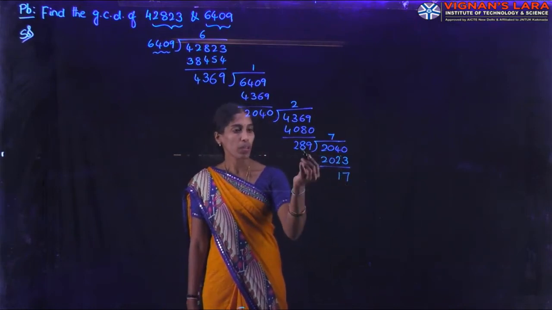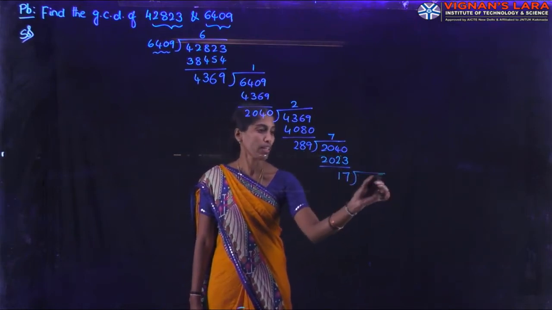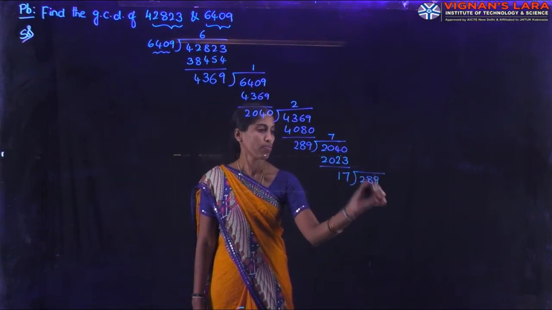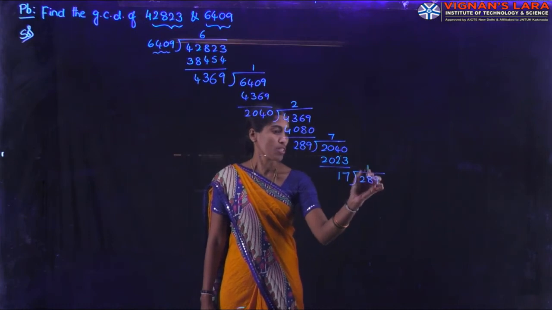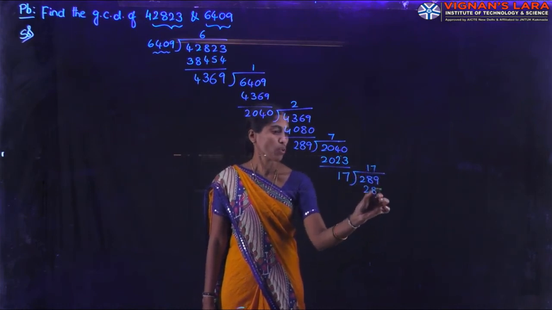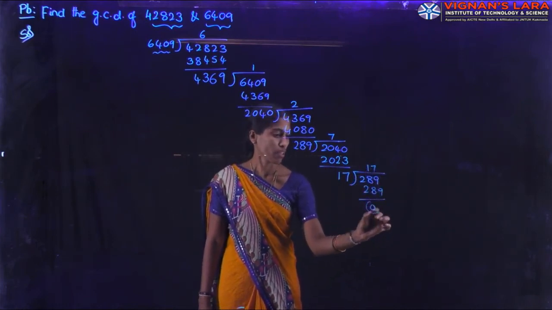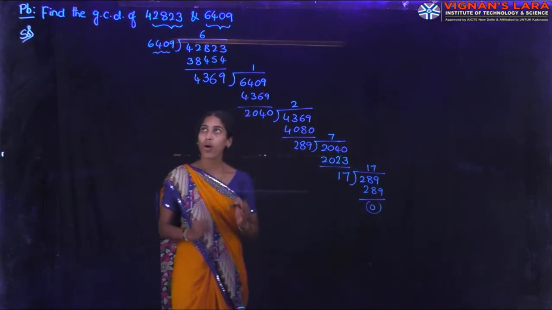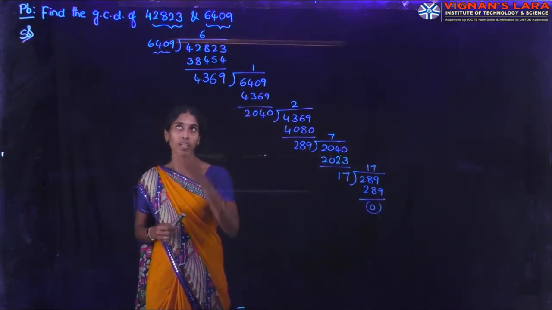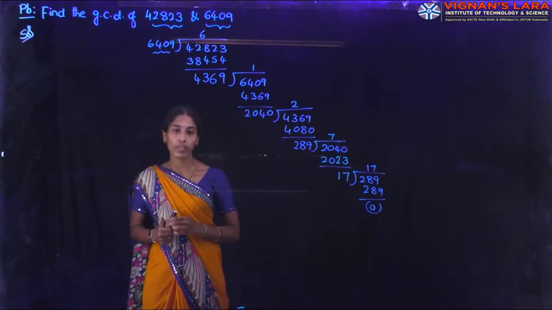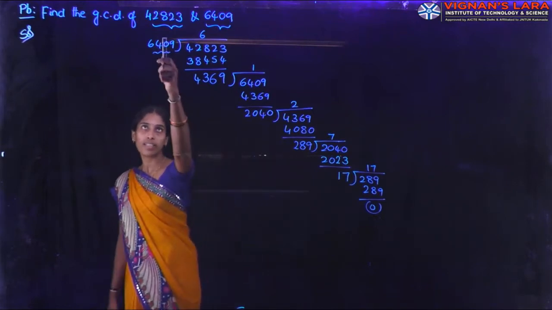Now divide the previous divisor 289 using this remainder 17. So 17 17s are 289, right. This is the procedure how to calculate the GCD of any two large numbers, because here 42,823 is the large number.